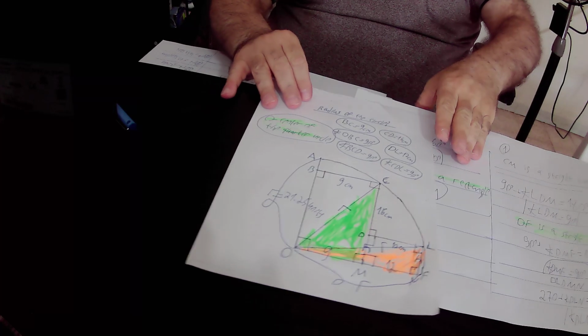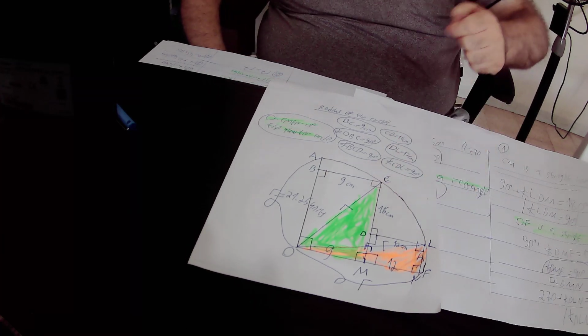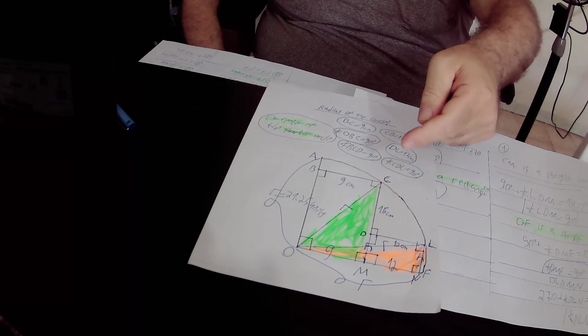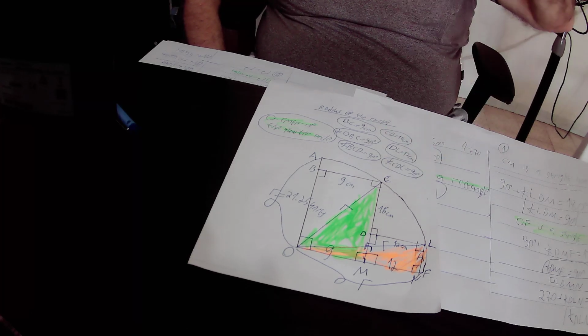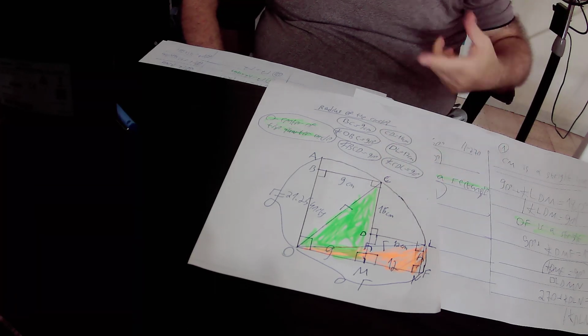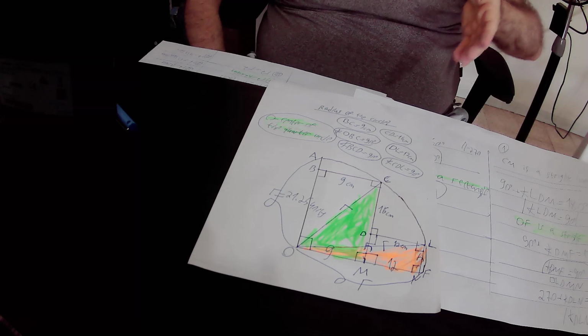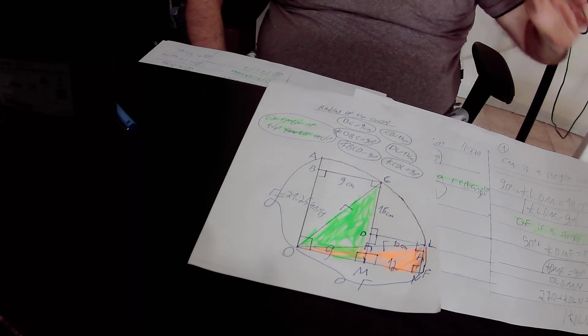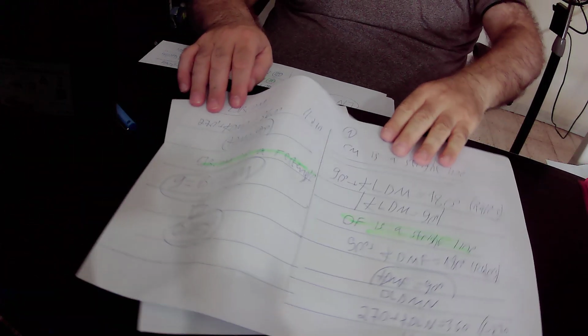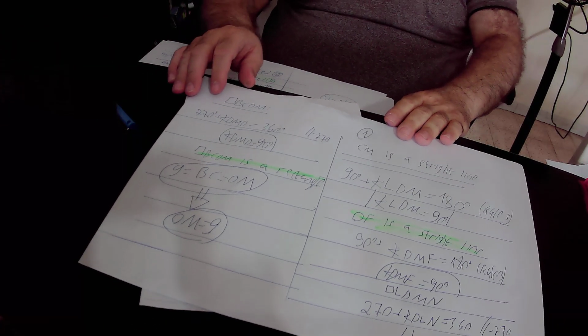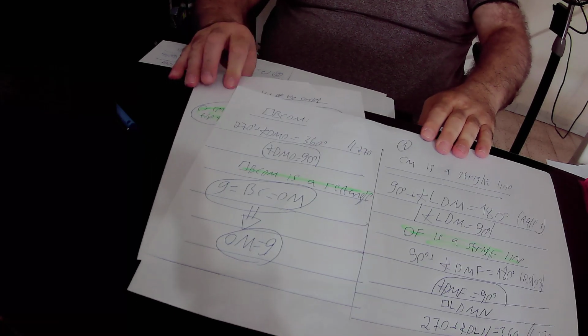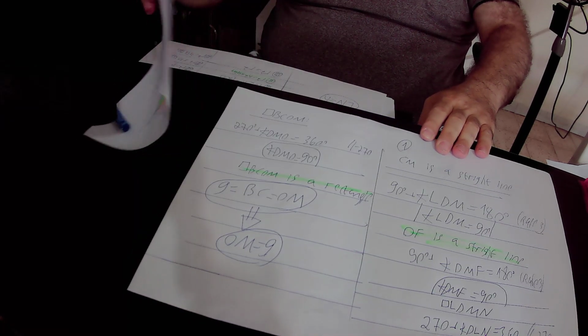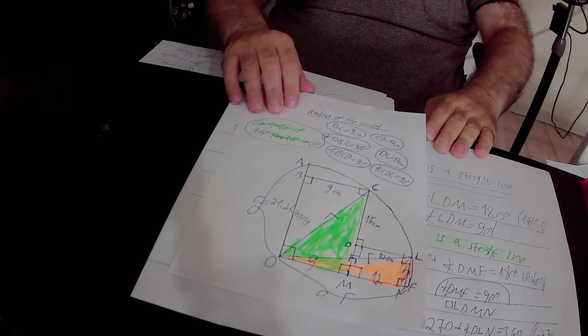And here, it is given that CD is a straight line. And when we extended the straight line CD by a straight line, we got line segment CM. And when you extend a straight line by a straight line, the result must be a straight line, therefore CM must be a straight line. So here, CM is a straight line, and we have the rule that the sum of the angles on one side of a straight line is equal to 180 degrees.